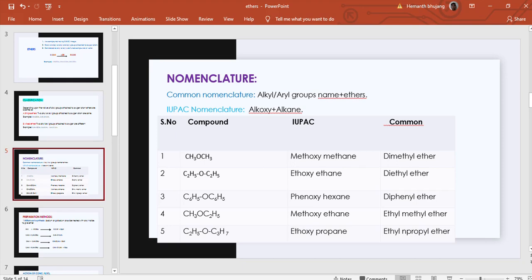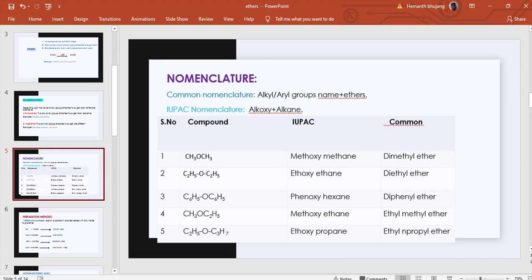here we have written alkoxy. Both are similar groups, so you can consider any one alkyl group and take this oxygen along with it as methoxy or alkoxy. I'll consider one of the methyl groups and the oxygen as methoxy, and this is the part derived from methane.